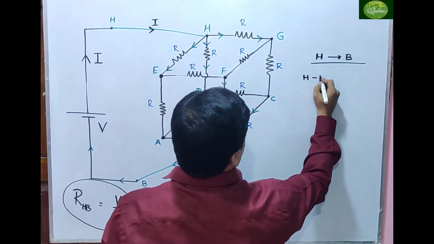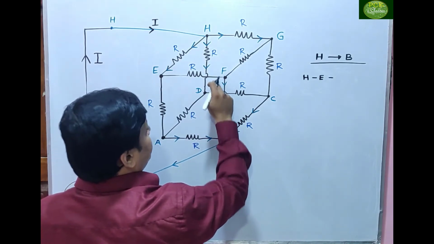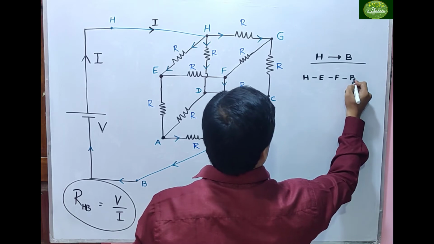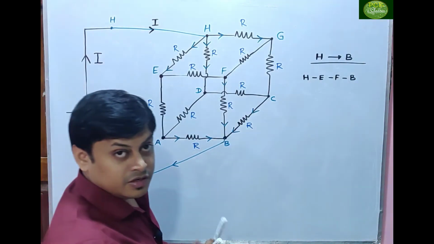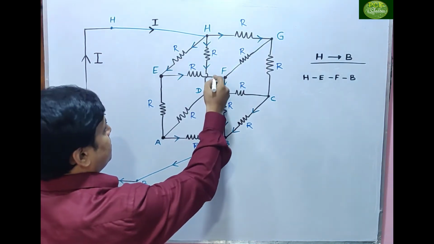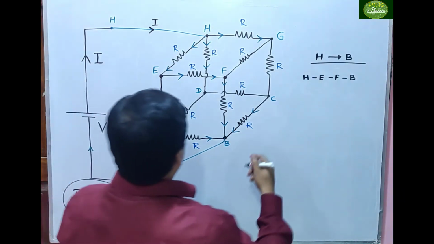H to E, E to, we can come to F, yes or no? F to B. This is one path. So let us give the direction. Clear? Another path, how can it be?